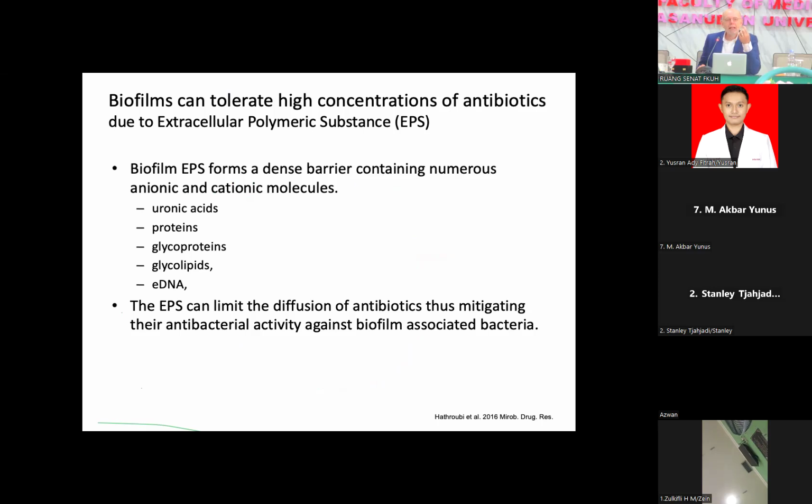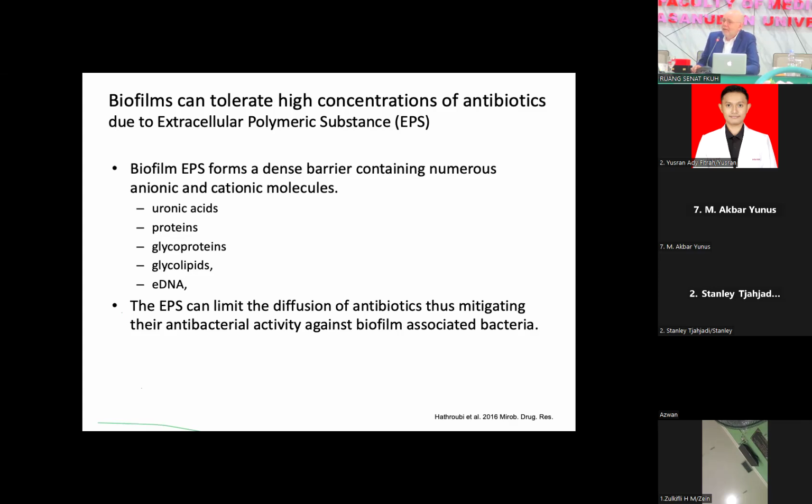And besides the change of charge that I just mentioned as a consequence of antimicrobial peptides, Staphylococcus aureus can generate an extracellular polymer substance which contains several molecules, often anionic or cationic charged.